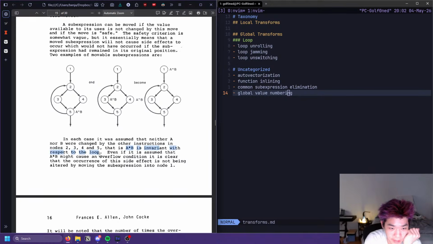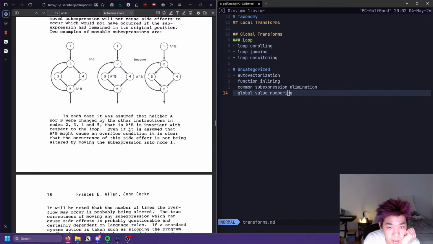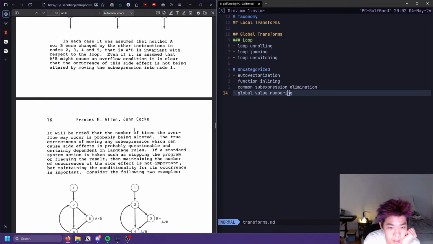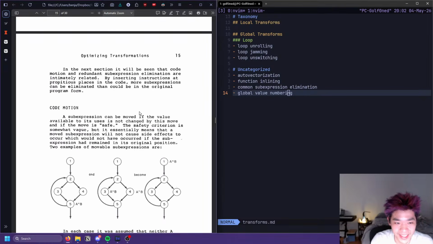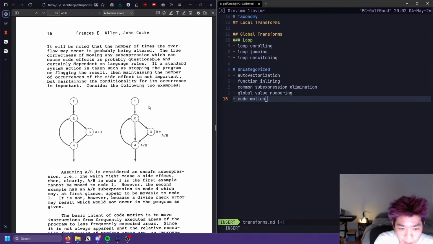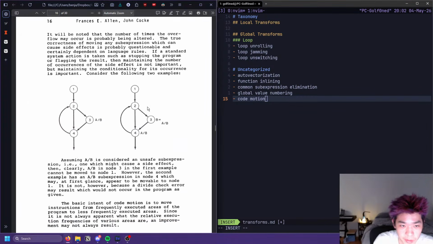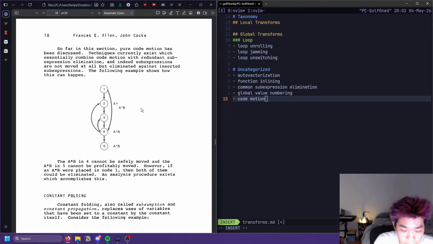Okay. Sure. So it's invariant with respect to the loop. Overflow, sure. Wow, okay. This is very messy. And then I've also heard loop invariant code motion used before in some, oh my god, this goes on for a while.